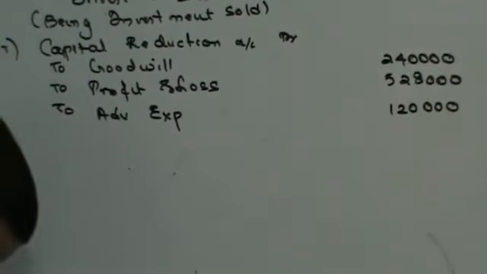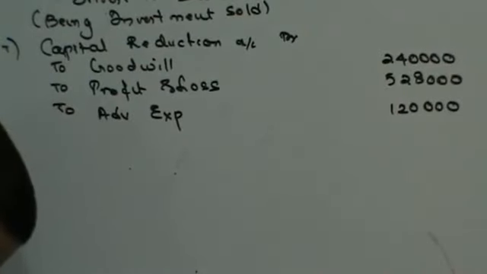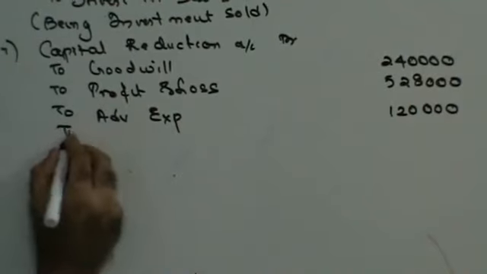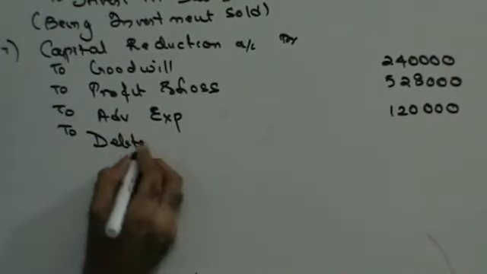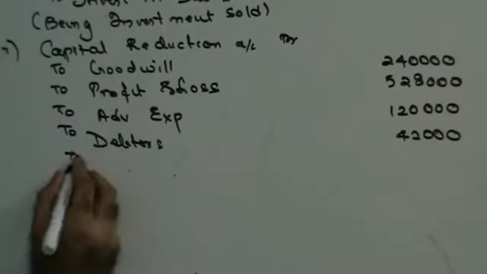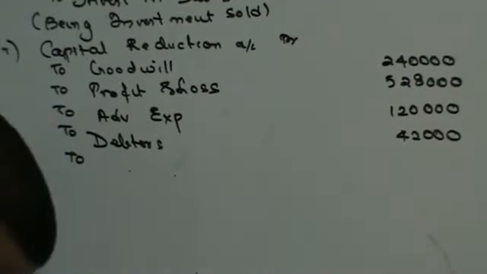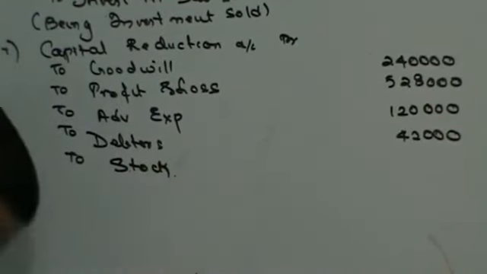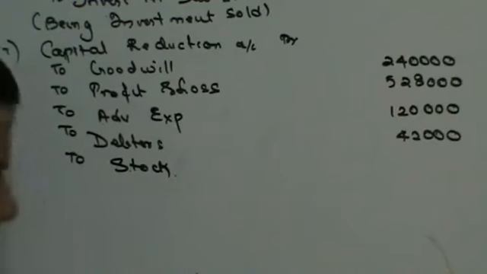Right? And they are saying besides that, bad debts, so that means debtors 42,000. To debtors 42,000. To stock, obsolete stock of 60,000.